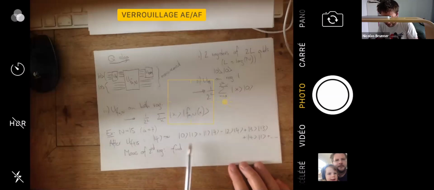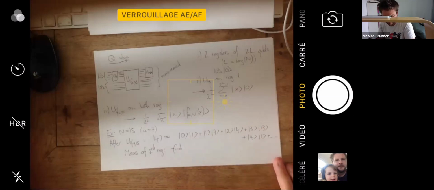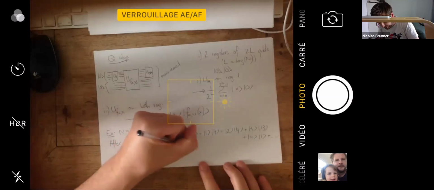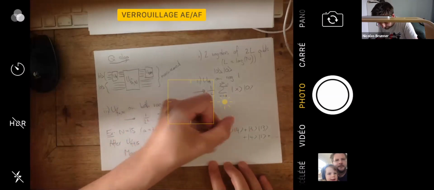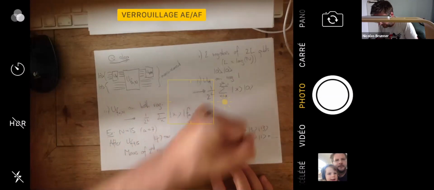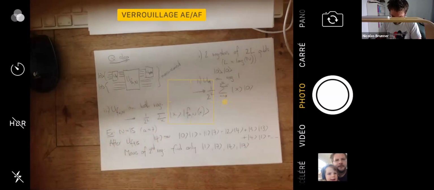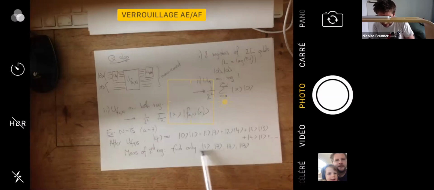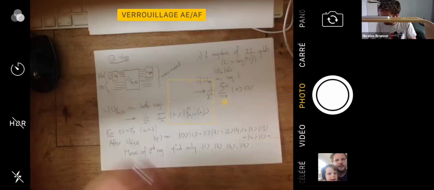So there are only 4 possible values, namely 1, 7, 4, and 13. And then it goes on, 1, 7, 4, 13, and so on. If we see only these specific results, in our simple example, it's immediate to deduce the period. But in general, when the period is large, this is not so easy.